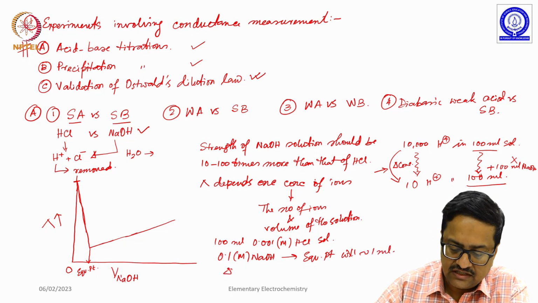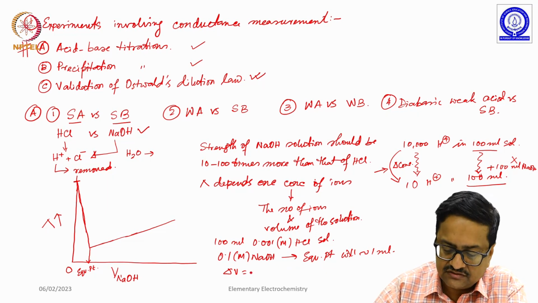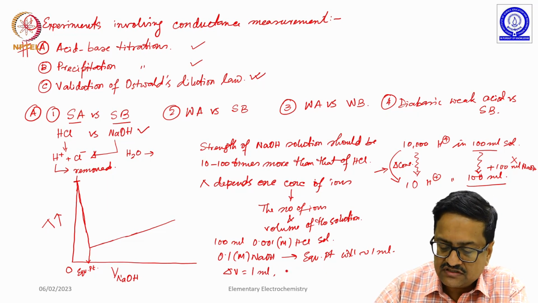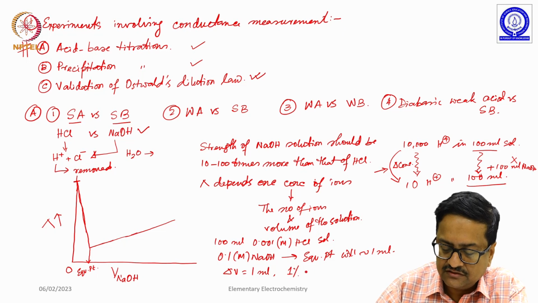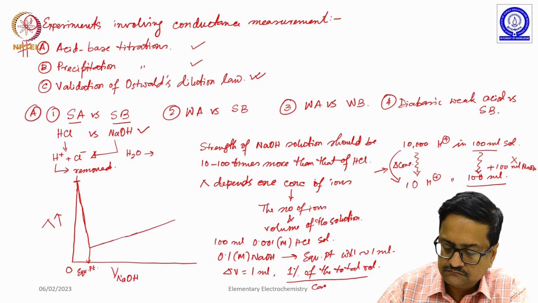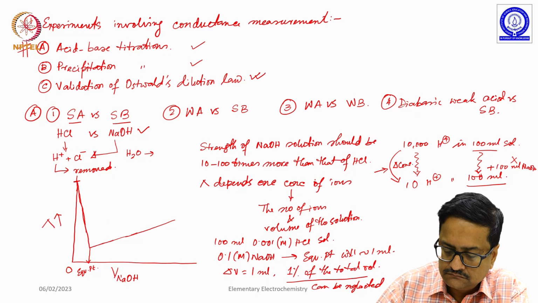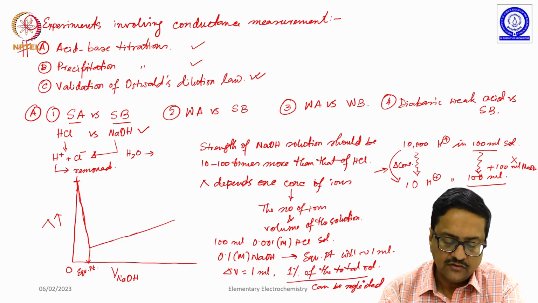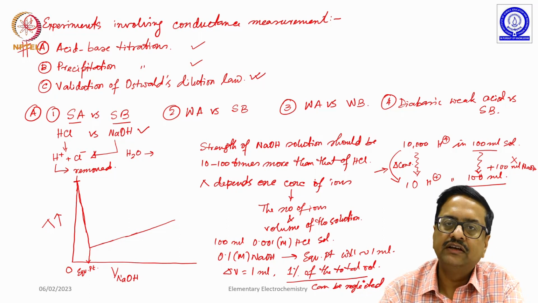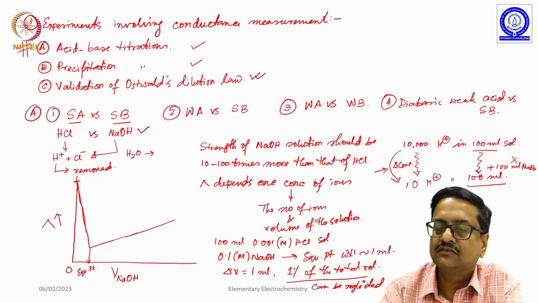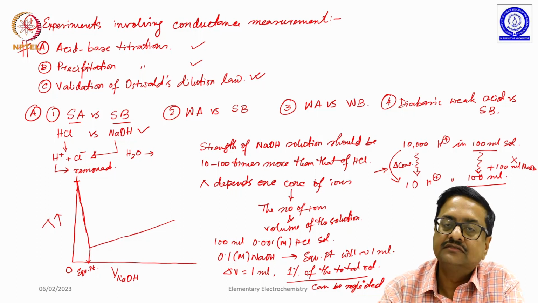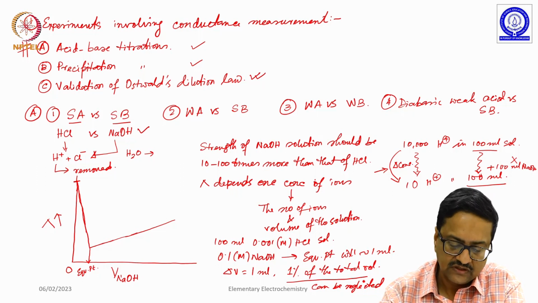So the change in volume of the solution is 1 ml, which is just about 1% of the total volume. So this change can be neglected. Right? One has to keep this in mind and use a very strong solution of titrant so that your end point is measured accurately.